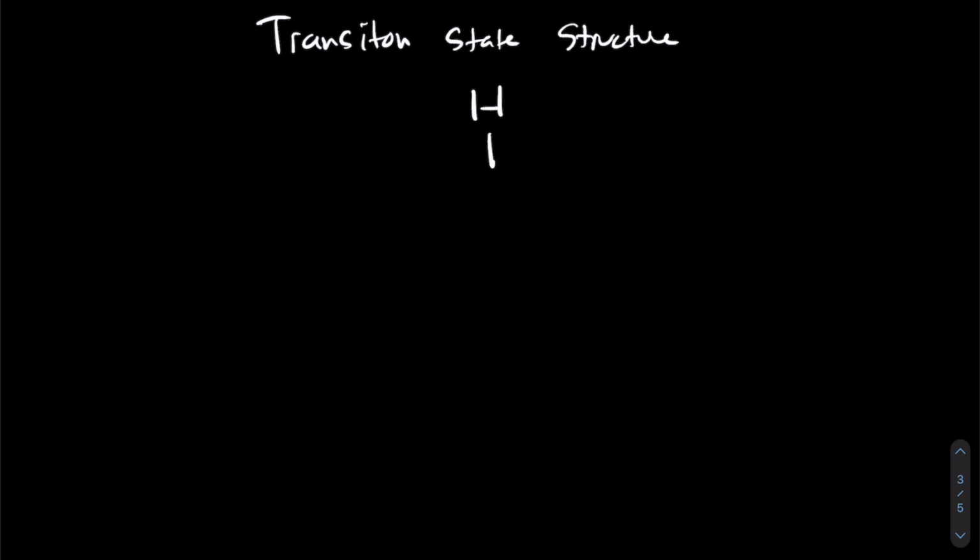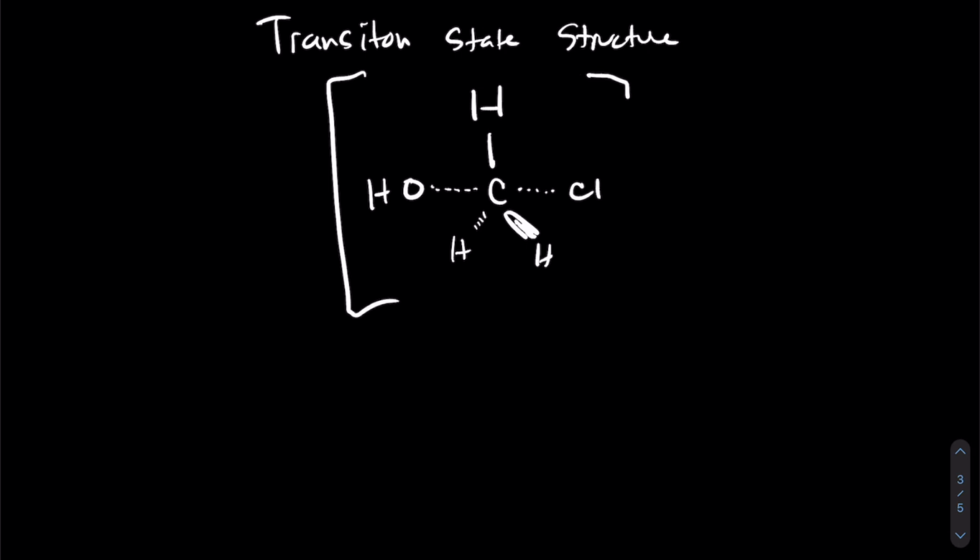So I've drawn this transition state structure a couple of times, and it probably should be drawn more with dashed bonds here to indicate that chloride is leaving and that OH is attacking. And I've drawn it like this. And this transition state structure is a trigonal bipyramidal molecular geometry.